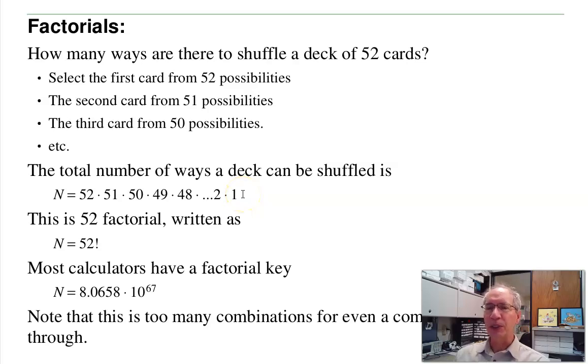That's 52 factorial. Most calculators have a factorial key. MATLAB has factorial, spelled factorial. If you type that out, that's 8.06 times 10 to the 67th power. So note that there are way too many combinations, even for a computer to run through all possible ways to shuffle a deck.